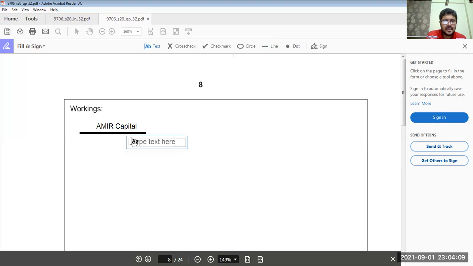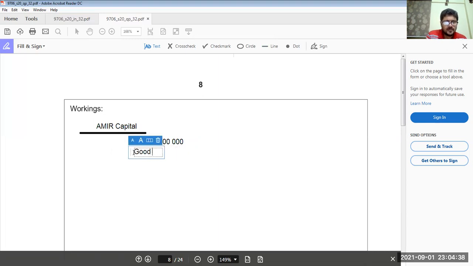The balance on the credit side was 300,000. Balance is 300,000.